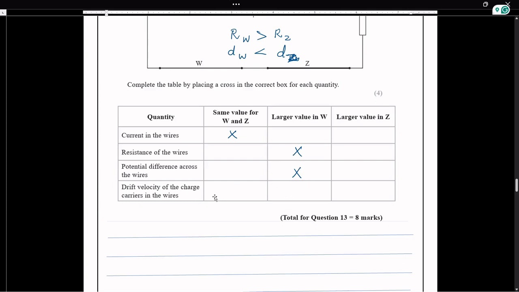Then the last one is the drift velocity of the charge carriers in the wire. Previously we have seen that the drift velocities remain the same because the wires were connected in parallel.